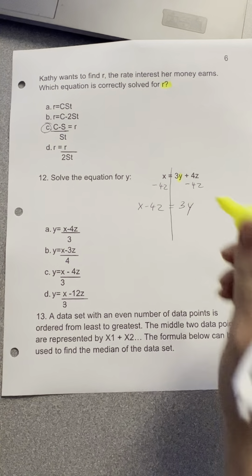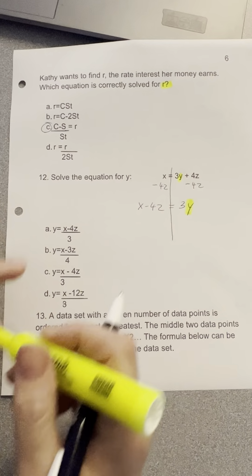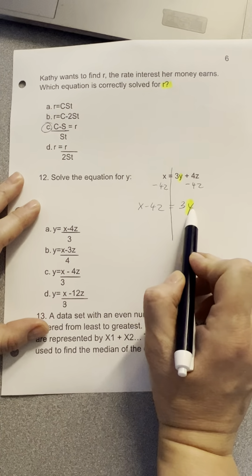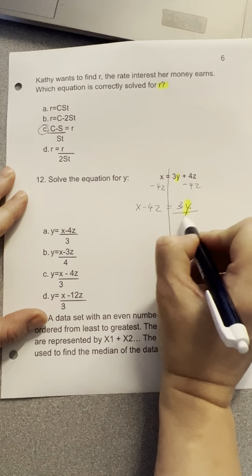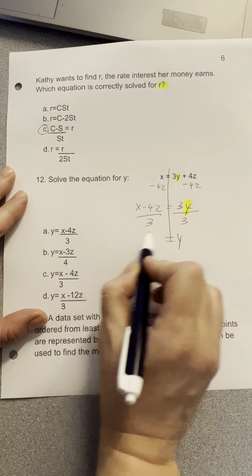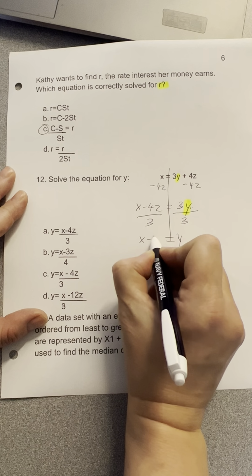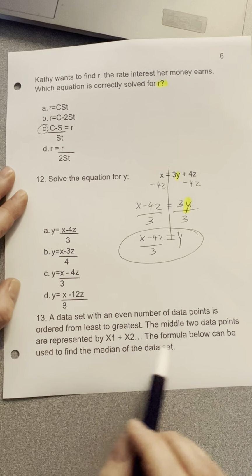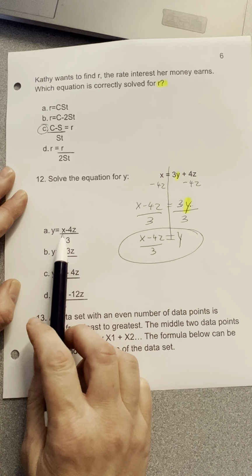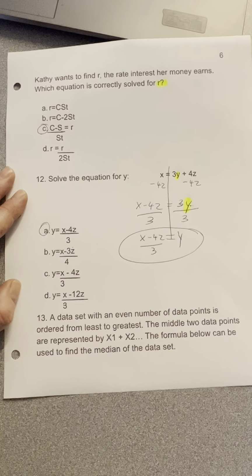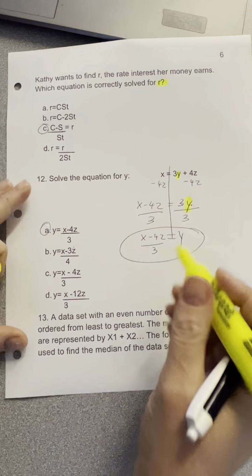Okay, now we did not highlight a 3, so we still have to do something with the 3. So if this is multiplication, so opposite is division, so we divide by 3. So technically your answer is this whole thing, but I am going to rewrite it for you again. This is our final answer. So it would be x minus 4z over 3. Looks like A.